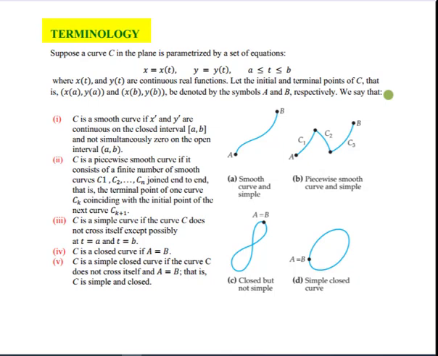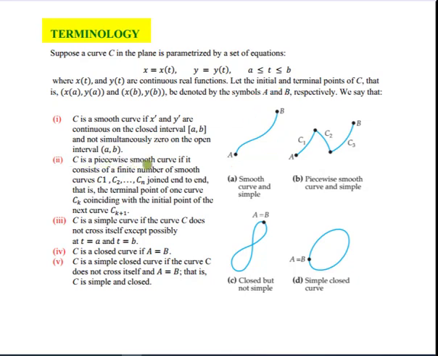We say that 1. C is a smooth curve if the derivatives of x and y are continuous on the closed interval [a, b] and not simultaneously 0 on the open interval (a, b). Figure A shows that the curve is smooth.